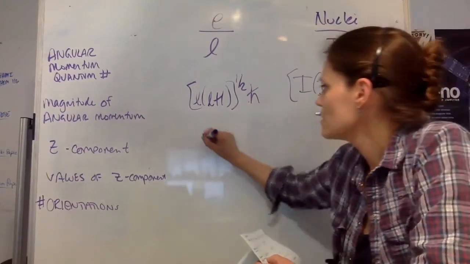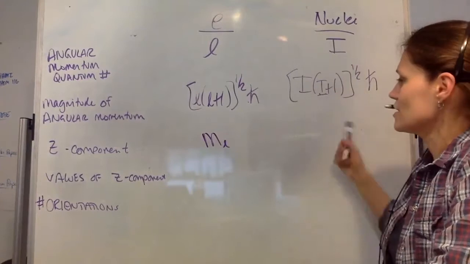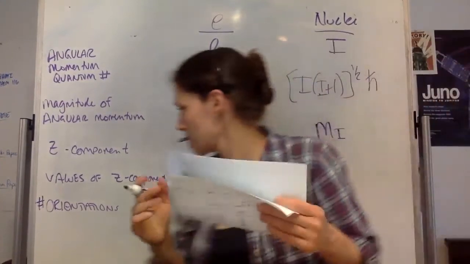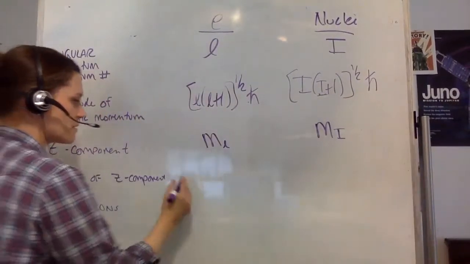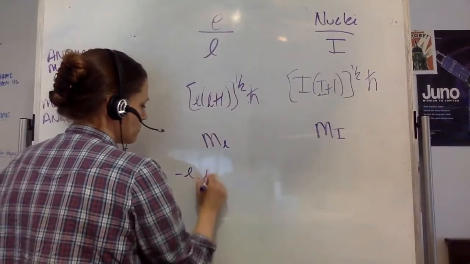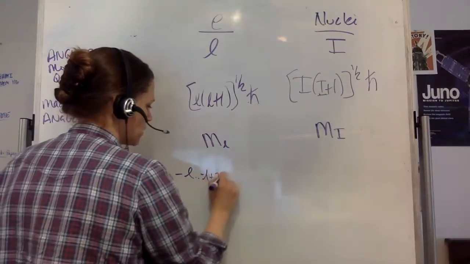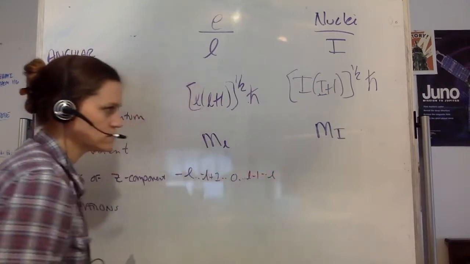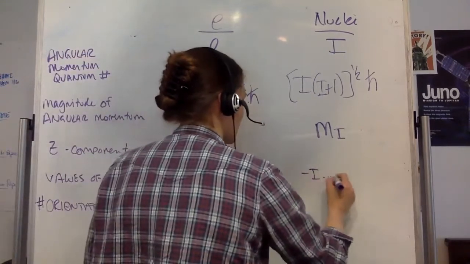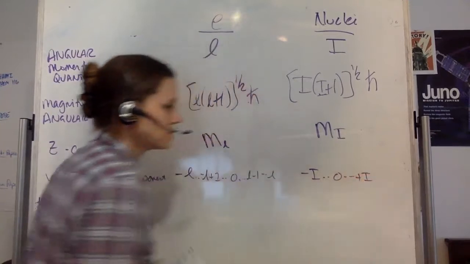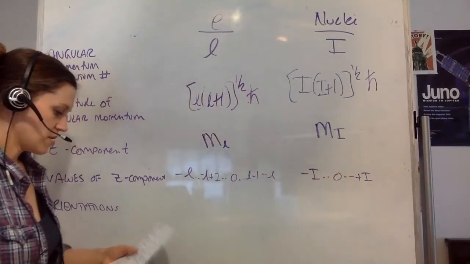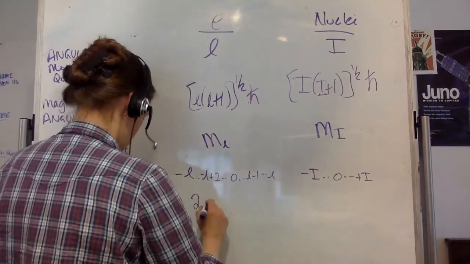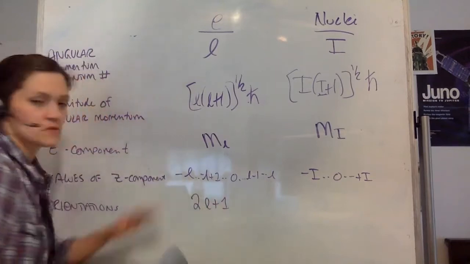The z component is m sub l. The z component of the intrinsic spin of the nuclei is m sub I. The values of m sub l can go from negative L to negative L plus 1 to 0 to L minus 1 to L. And same thing for nuclei, minus I to 0 to positive I. The other thing, the number of orientations that we can have is 2L plus 1, because space is quantized.